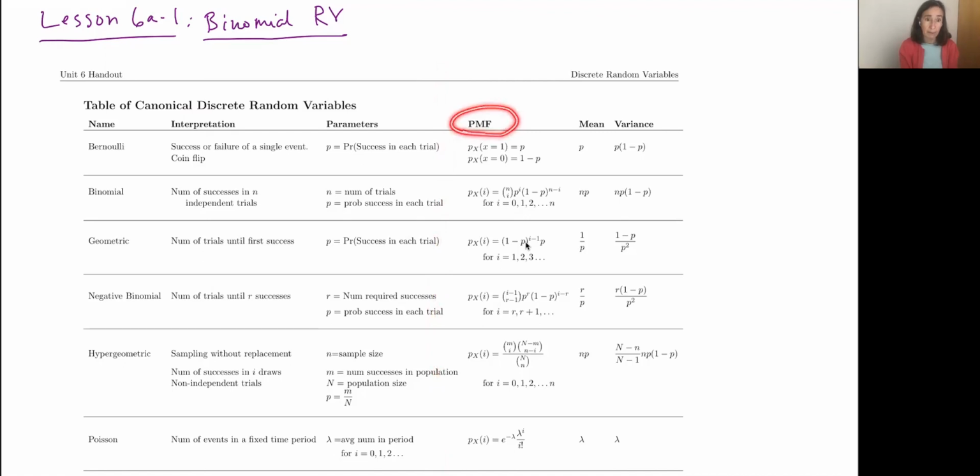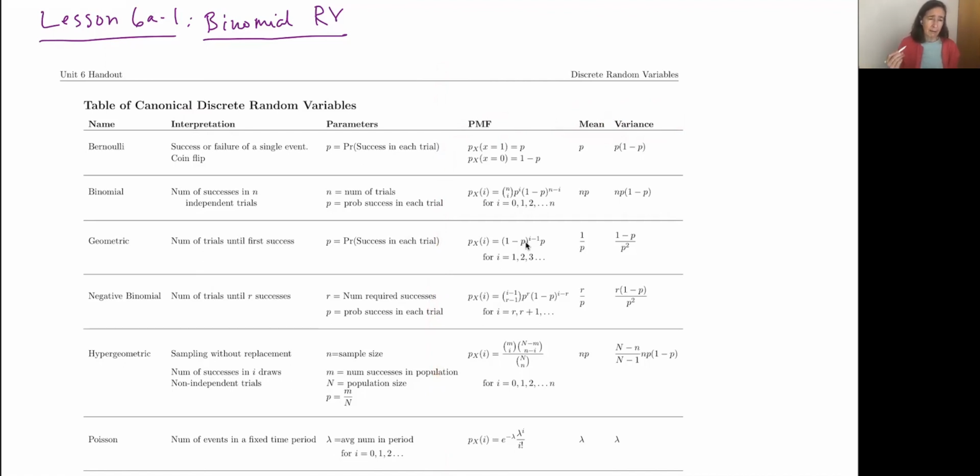What's the probability mass function for this random variable? What is its mean, and what is its variance? So this is a reference. There's nothing special about this table; there are versions of it in lots of books and online, but it's nice to have all the information summarized.